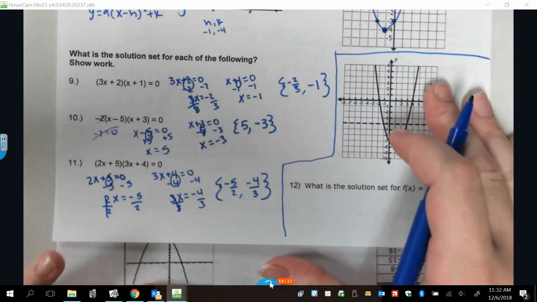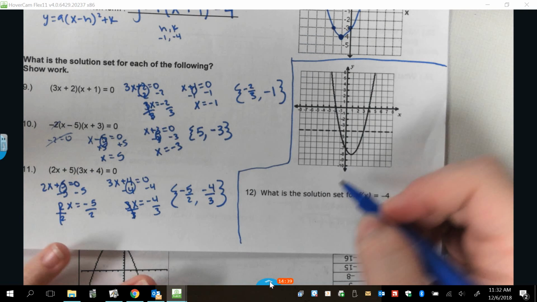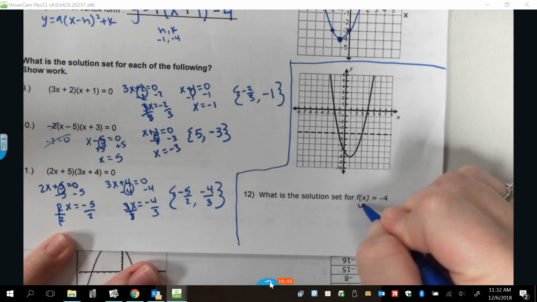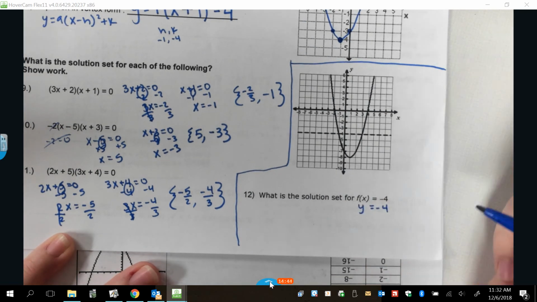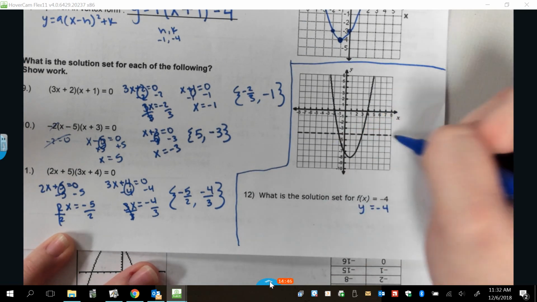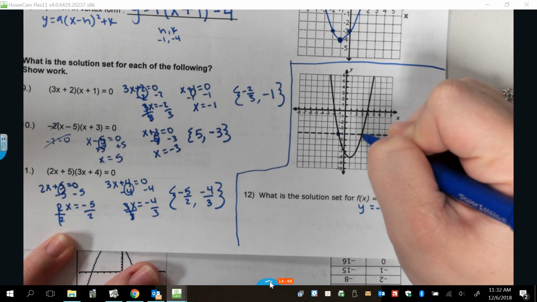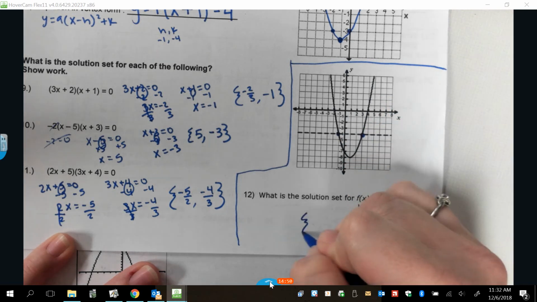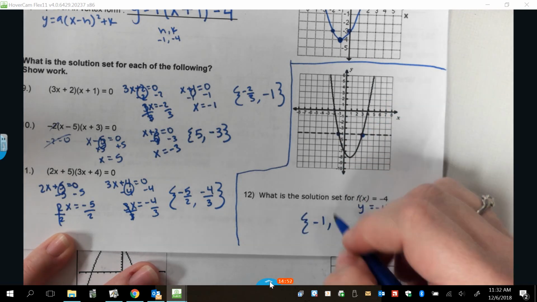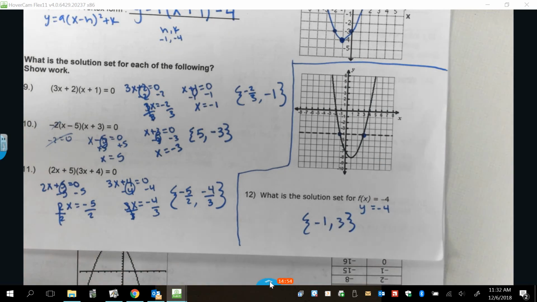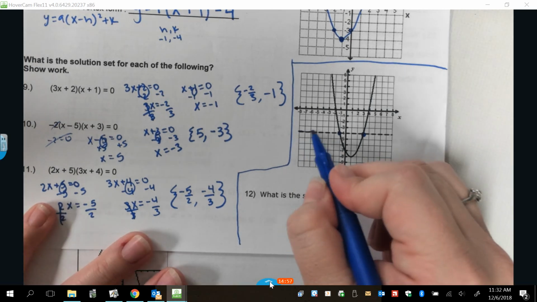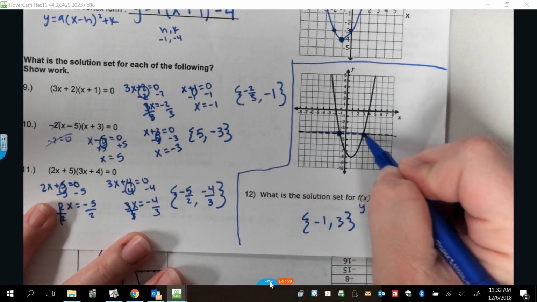Okay, so there's that. And now on this one, it says, what is the solution set for when y equals -4? Because remember, f of x just means y. Well, look, it's labeled, so it's just where these two lines touch, which is -1 and 3. It's just where these touch, here and here.